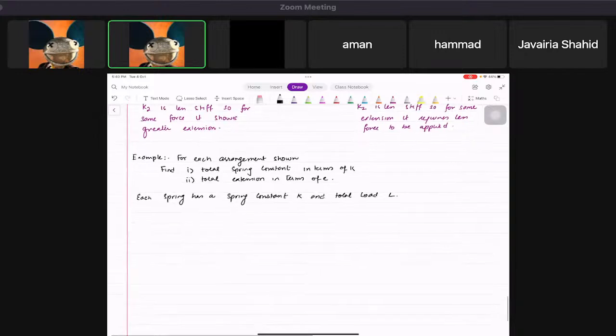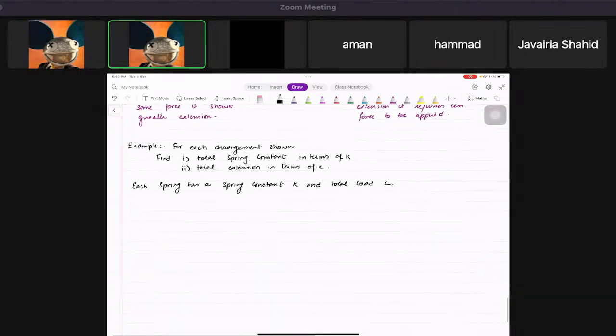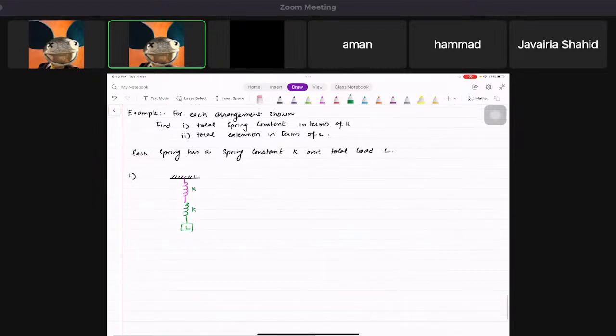So the first drawing that they've shown is like this. One spring and the other one like this, right? So they say the load is L and they both have the same spring constant like this. The second drawing they have shown, well, okay, let me just do it on this side.